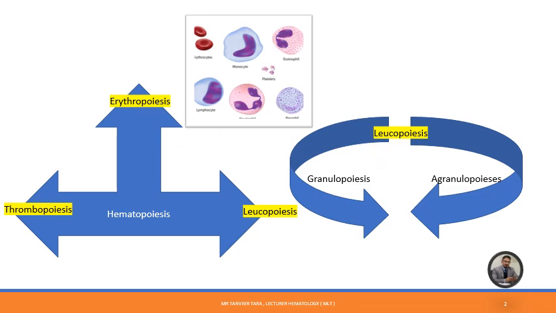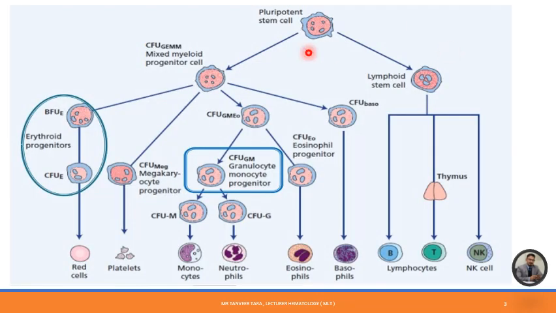erythropoiesis. So here on this slide, we have a diagram, and this is the first pluripotent stem cell which is going to mature. It goes into the myeloid series, and here is the lymphoid series.